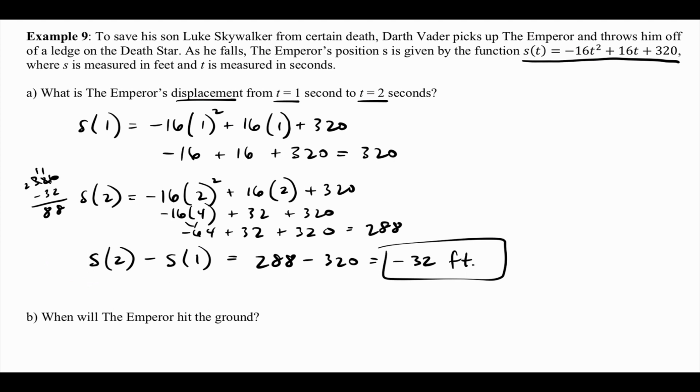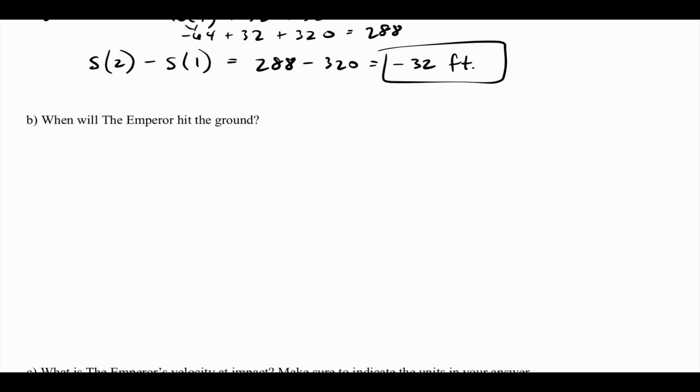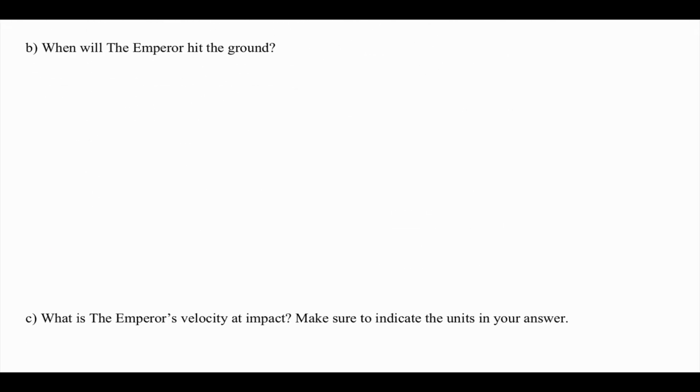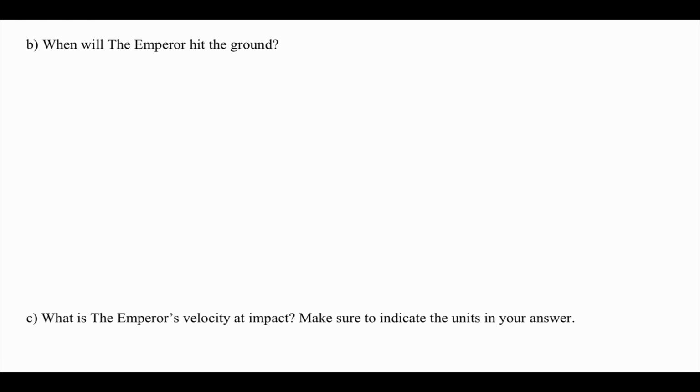Okay. When will the emperor hit the ground? This one doesn't say, so they want to know when he's going to hit the ground, right? Let me draw a little picture here. Pictures help a lot, especially when you're trying to figure out when and where. I'm going to draw a little graph.